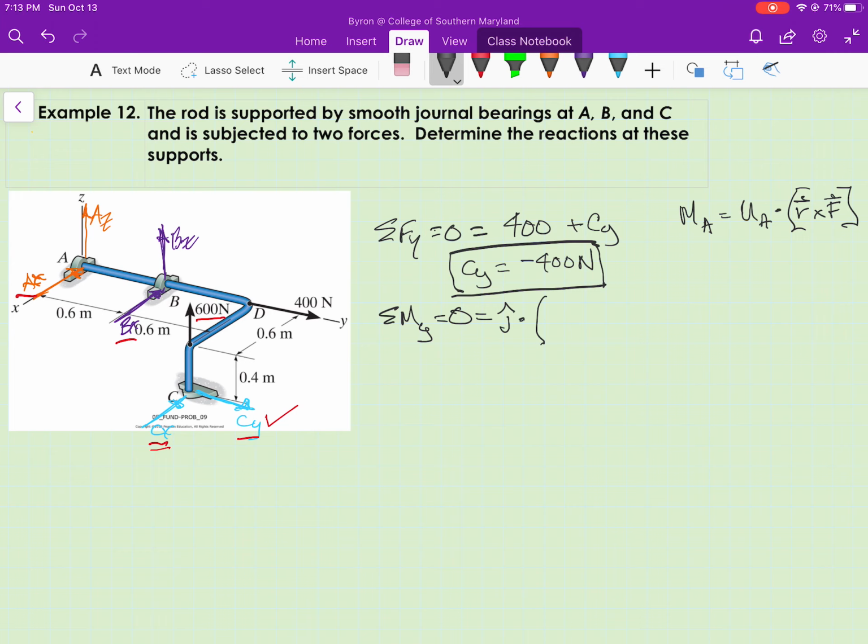I said that the 600 newton force creates a moment about the y-axis. And in Cartesian, r from the y-axis to the 600 newton force is 0.6 i, and I would cross that with 600 k.